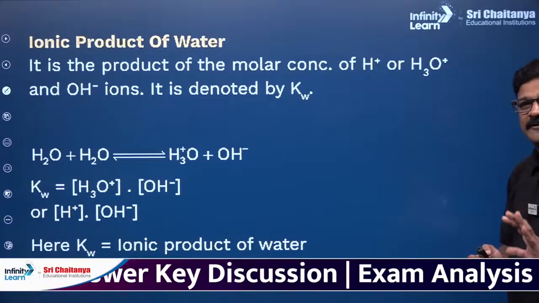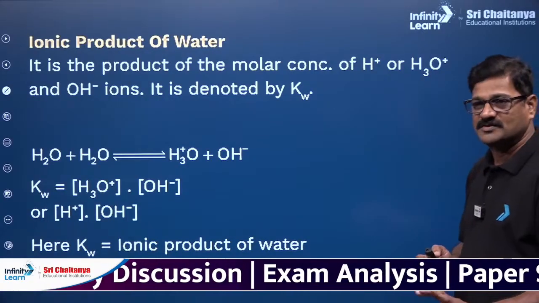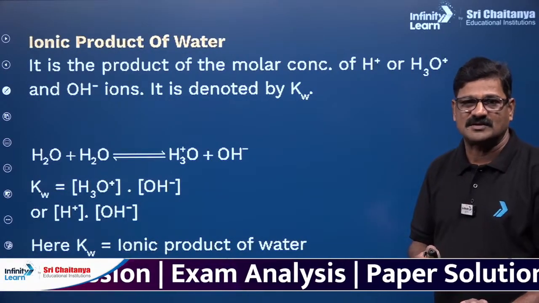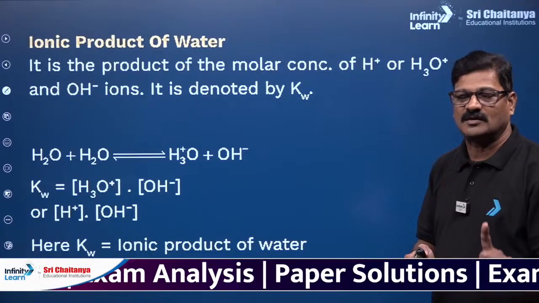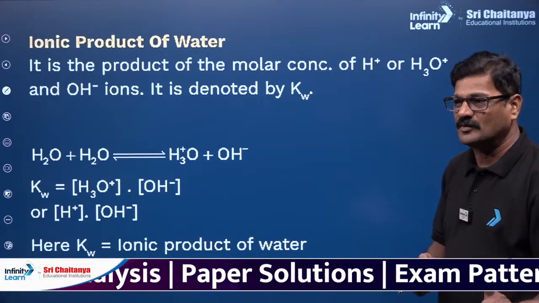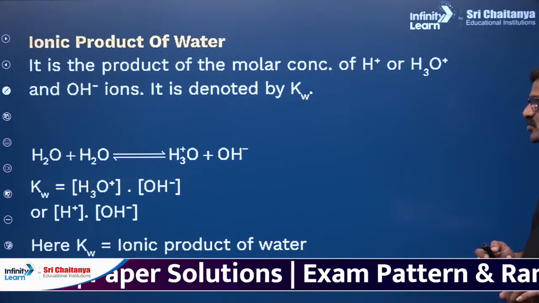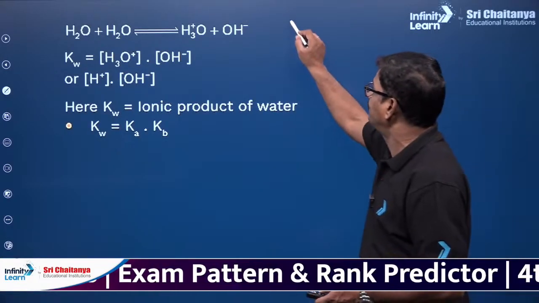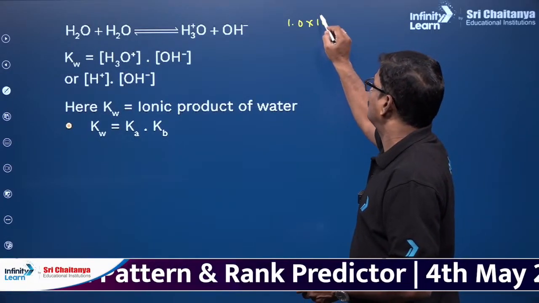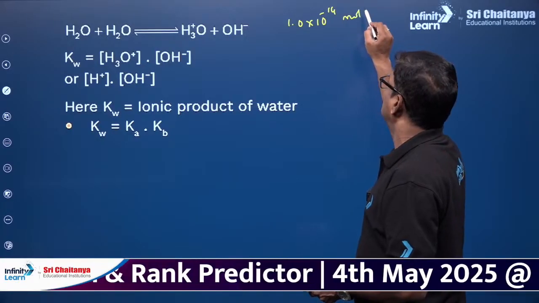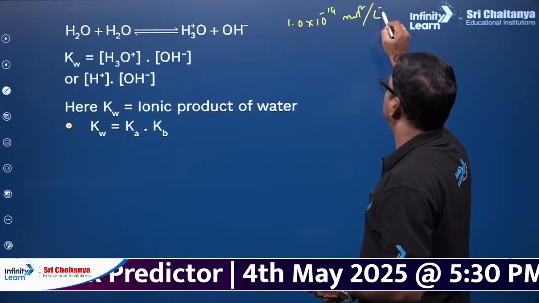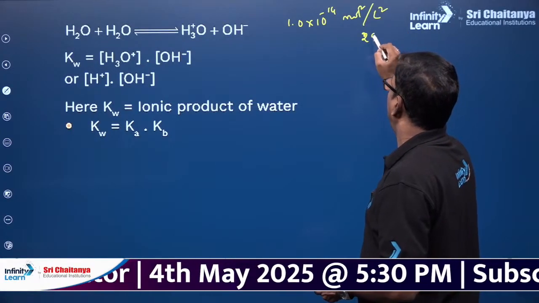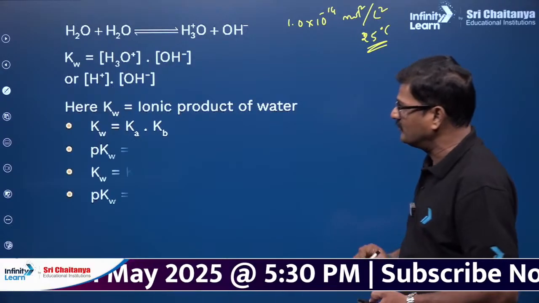And talking about the ionic product of water, the product of H plus concentration and OH minus concentration is called the ionic product of water. Its value is 1.0 into 10 to the power of minus 14 mole square per liter square at 25 degrees centigrade. That is very, very important.